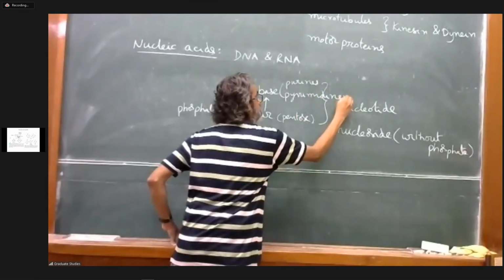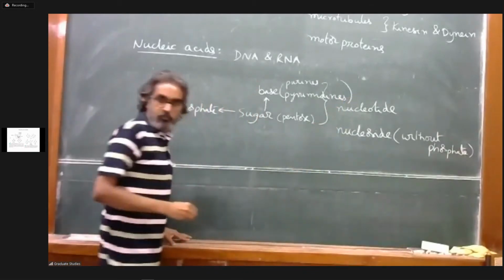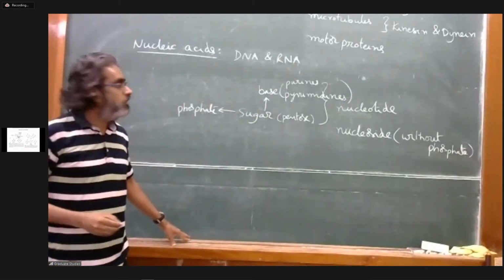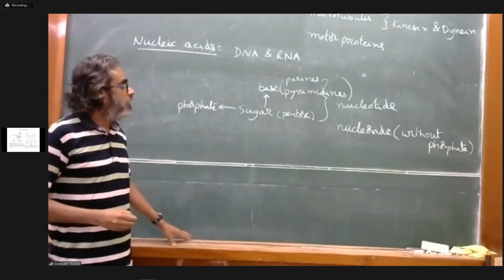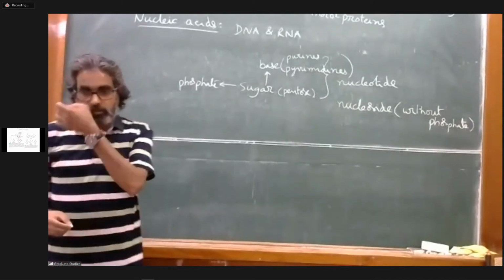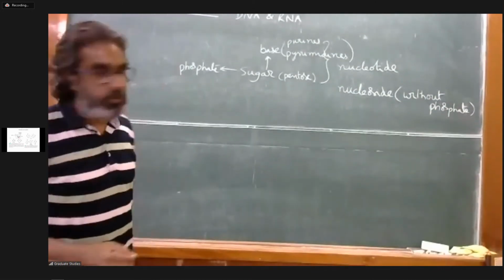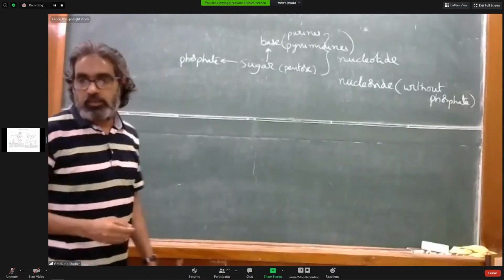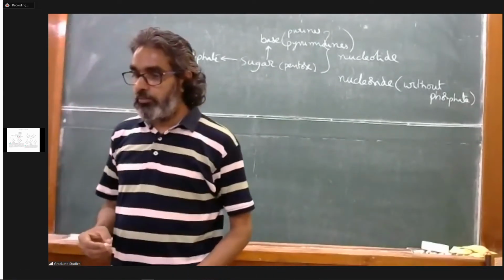So these are 2 different types of bases. Okay, so purines are basically what we call macrocyclic, but 2 rings, and pyrimidines contain single ring. So there are 5 bases.